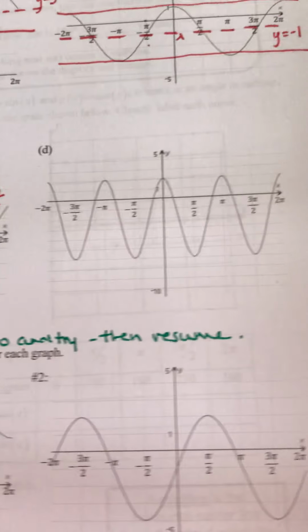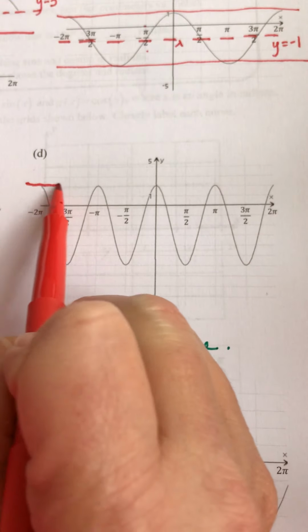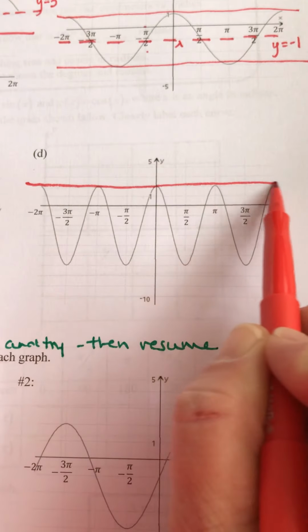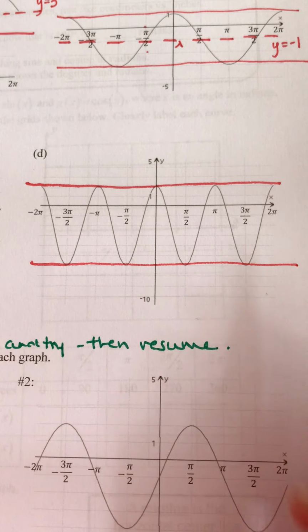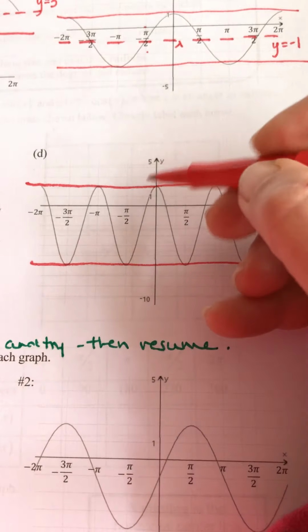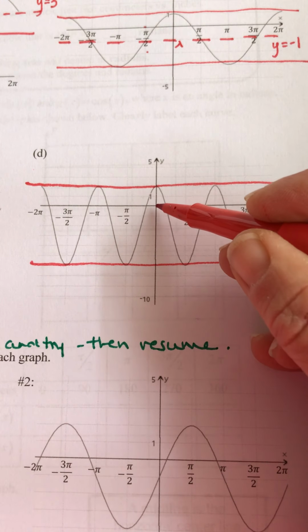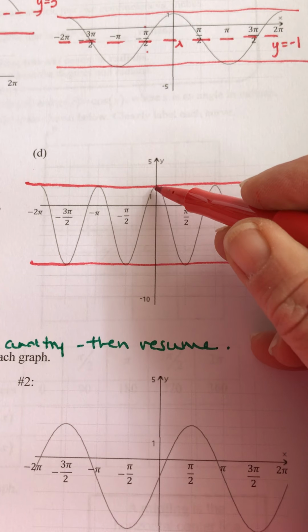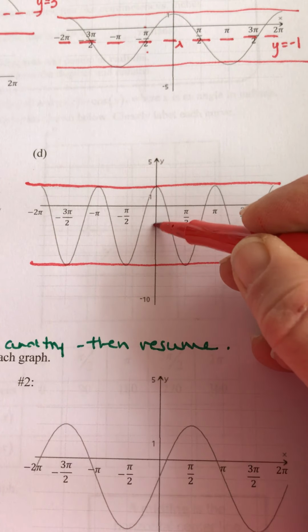All right. Another example here. So this is a pretty big wavy graph. There's the tops. There's the bottoms. Counting the squares in between would be 1, 2, 3, 4, 5, 6, 7, 8. Half of 8 is 4. 1, 2, 3, 4.